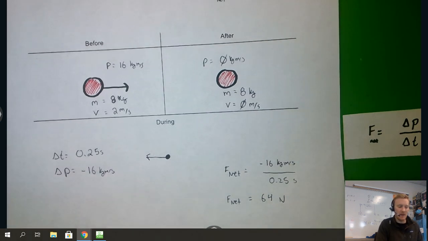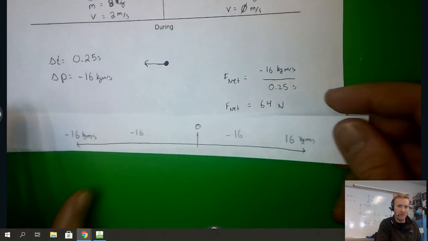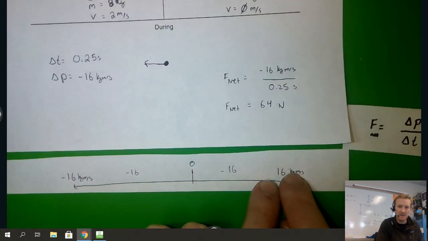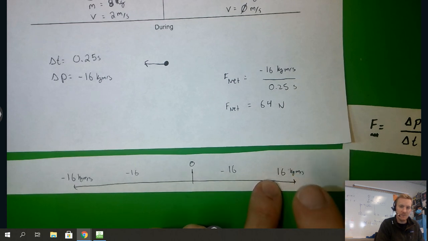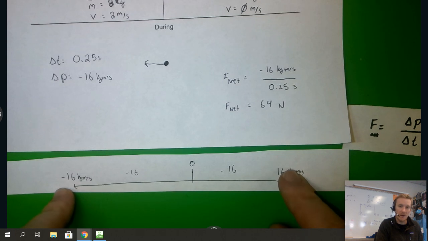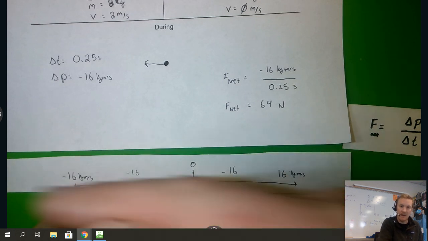Okay, and again, if you kind of refer back to your number line, that kind of makes sense, because if we're starting at positive 16, right, to get all the way from positive 16 to negative 16, we knew it took 128 newtons of force, right, in that direction.